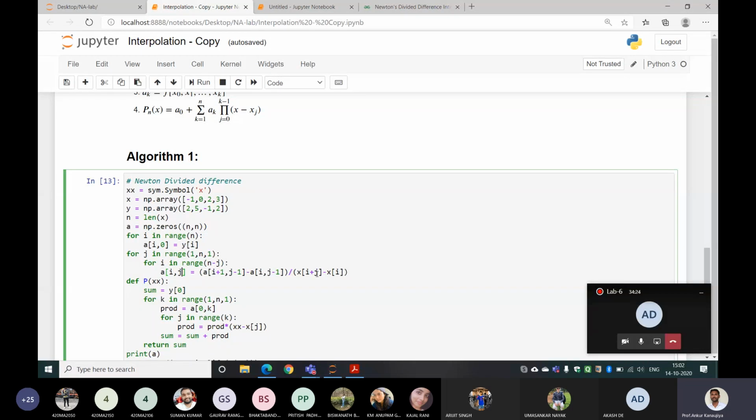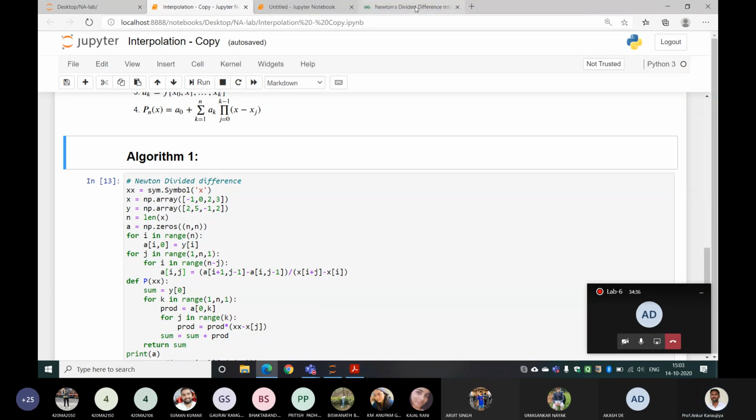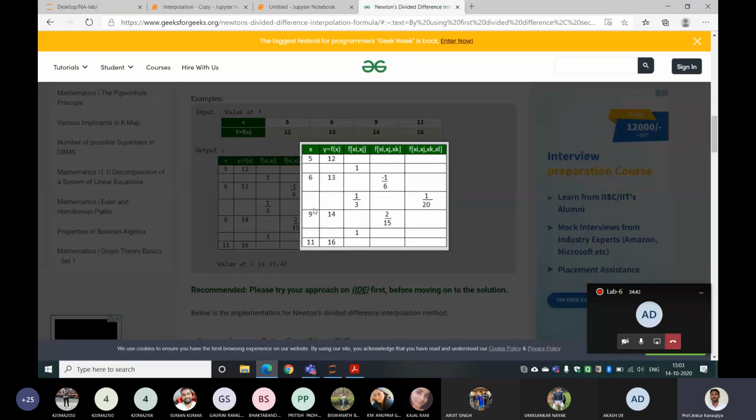Why this plus j? Because we are at the jth column, that difference will be j. If you are here, what will be the difference? This minus this is x0, x1, x2, and x3. So for this minus 1 by 6, that is 9 minus 5, that means x2 minus x0.